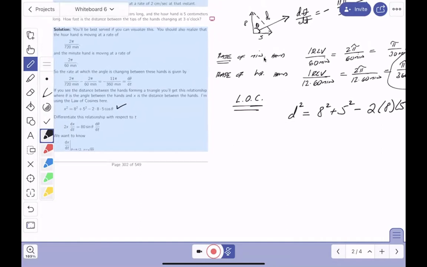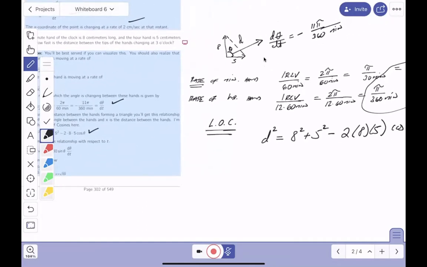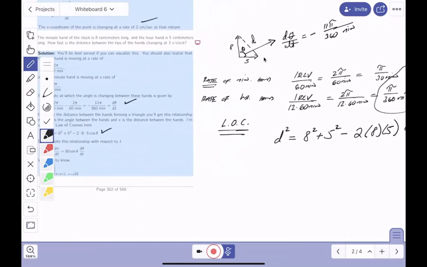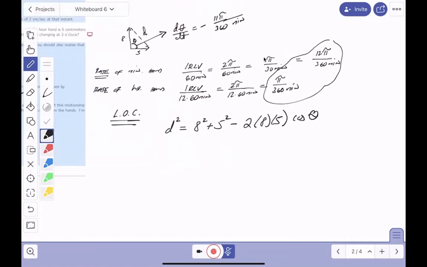Did I get the proper d theta dt, minus 11 pi over 360 per minute? These are two important milestones in the problem. Now I'm going to differentiate both sides with respect to time, so d dt of both sides of this equation.